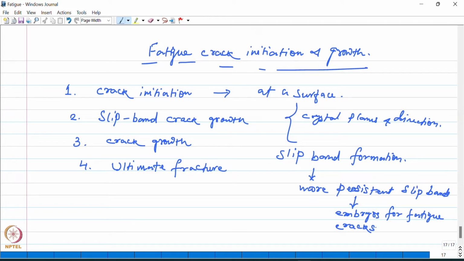Okay, so once the crack forms, it will first propagate along the slip planes, although later on it can take other directions normal to the maximum applied tensile stress. And fatigue crack propagation is generally transgranular.